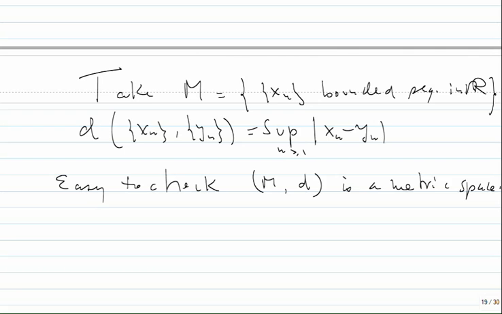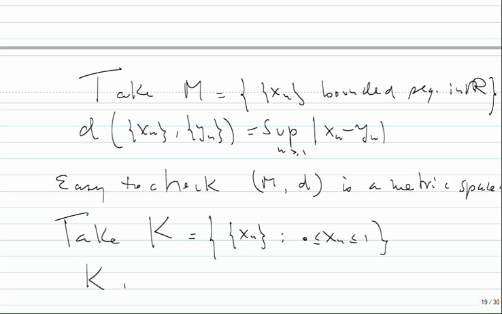In any case, if we now take K to be the set of xn's such that xn's are between 0 and 1. Okay, so K is bounded.